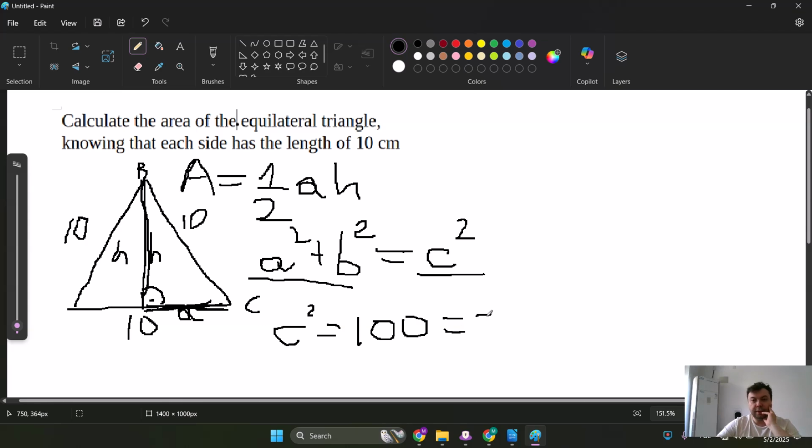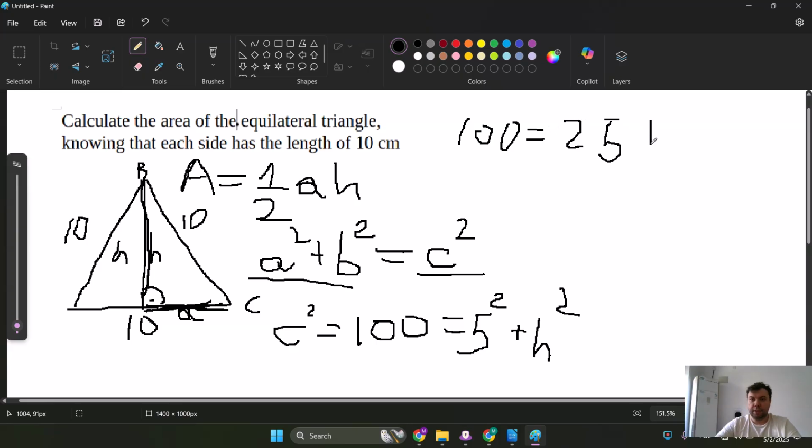So we can write 5 squared plus h squared. So we can say that 100 equals 25 plus h squared.